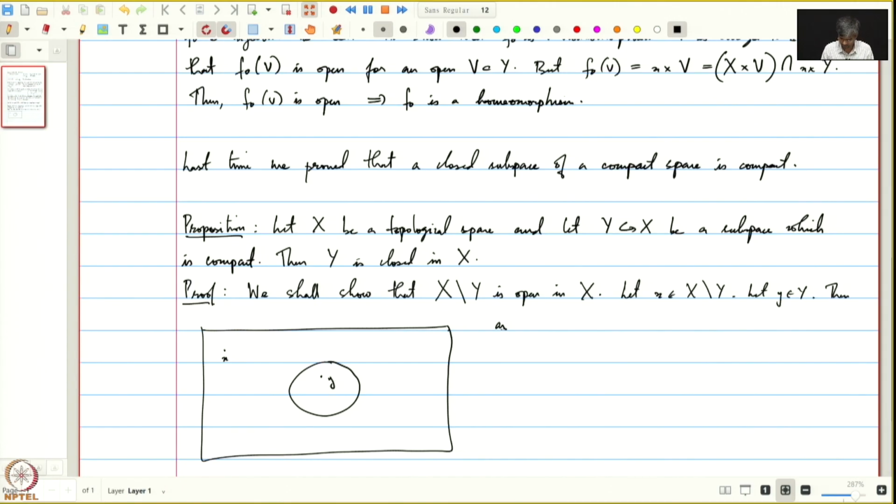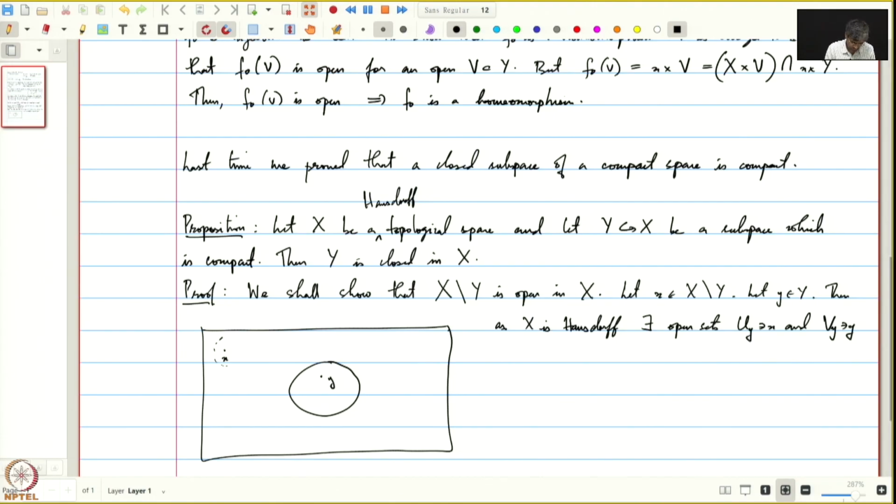Then as X is Hausdorff. As I had mentioned, from now on we will always be assuming that our topological spaces are Hausdorff if not mentioned. But okay, as X is Hausdorff, there exist open sets U_y containing x and V_y containing y.